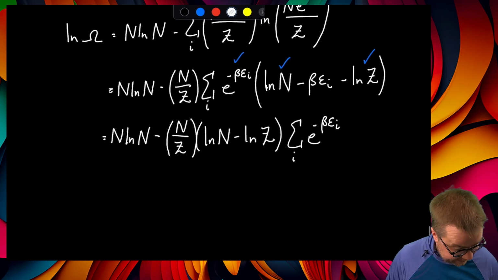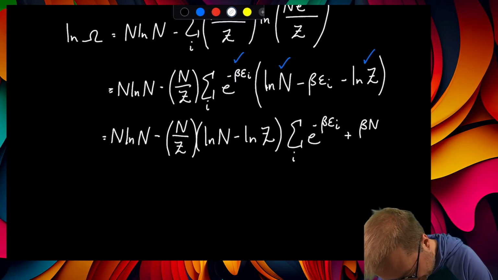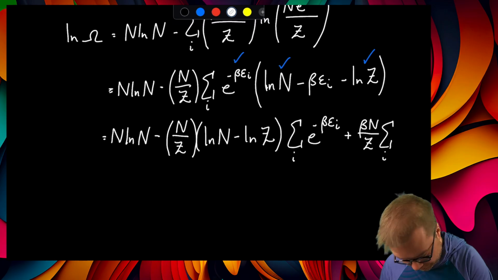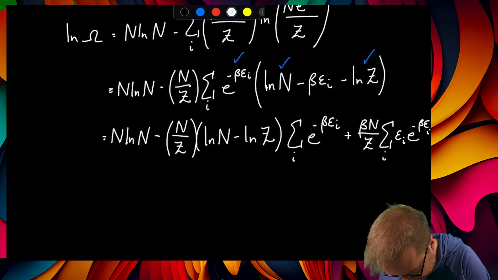All right, and so in addition to that, we've got plus beta n divided by the partition function, summation over i of epsilon i e to the minus beta epsilon i.